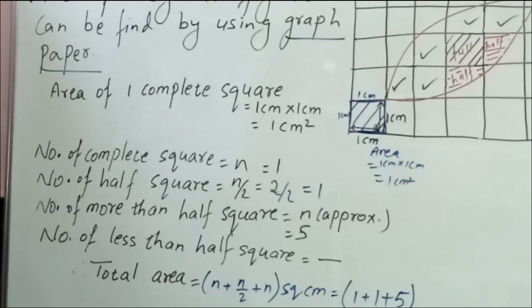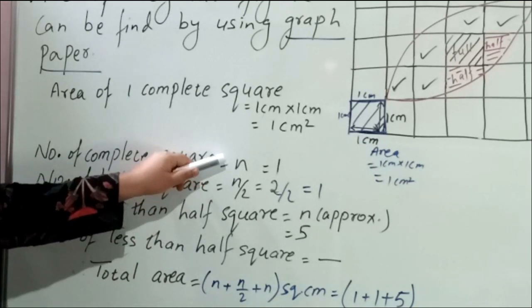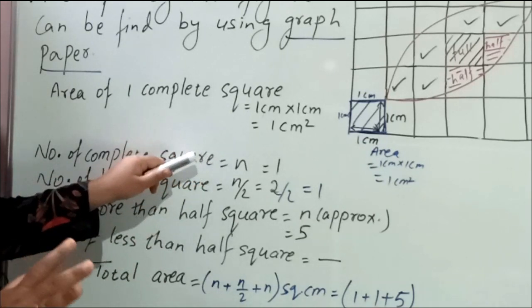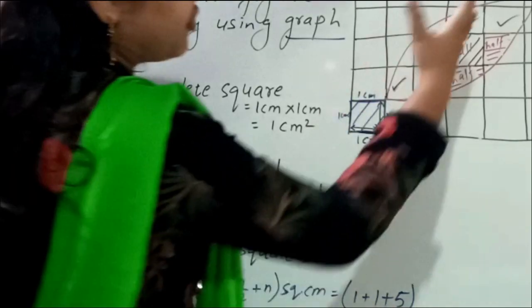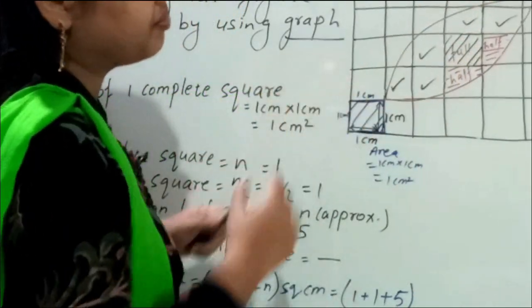The number of complete squares will be n. How many complete squares? That is n. So how many complete squares does this leaf have?